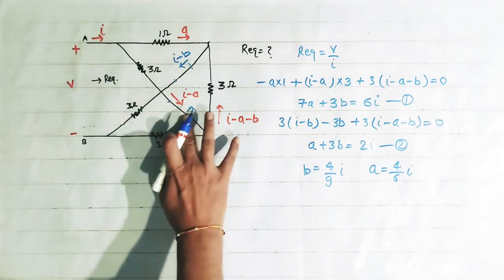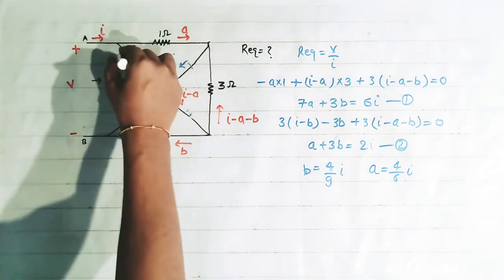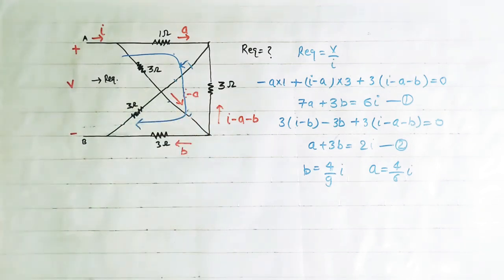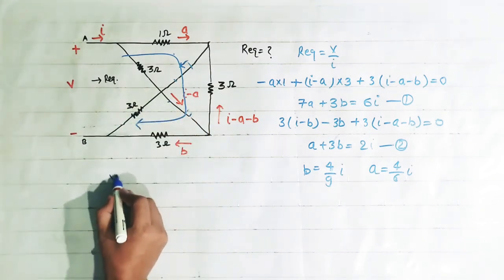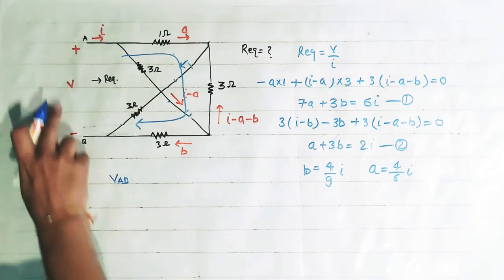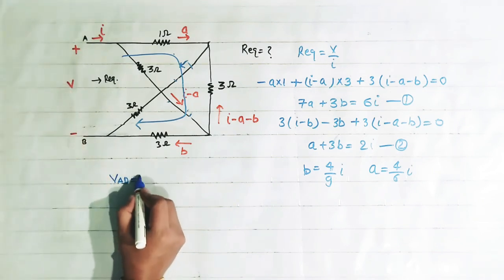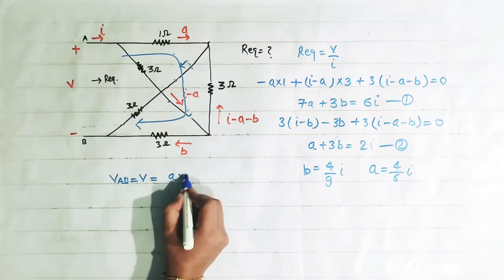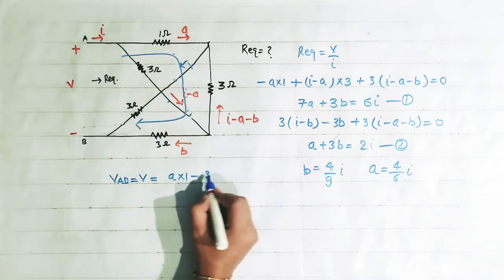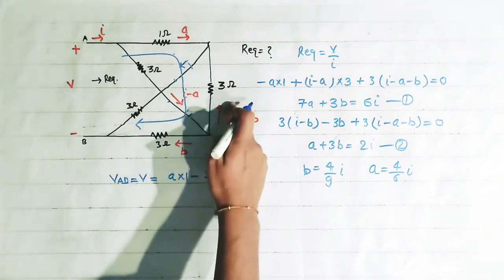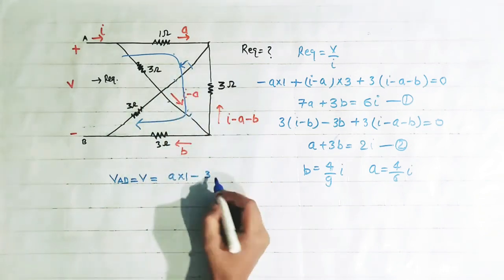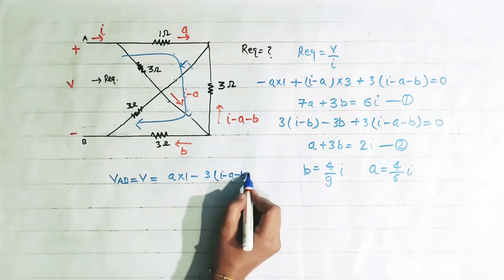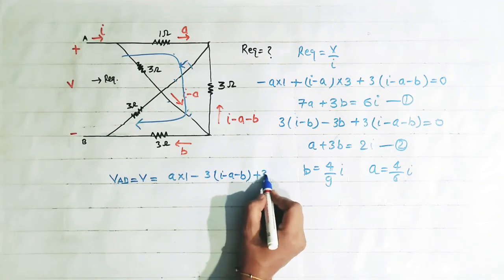Now apply KVL in this loop. So when we apply KVL in this loop, we get VAB, that is voltage V, equals A into 1 minus 3, this is minus 3 because this current is in opposite direction, minus 3 into I minus A minus B plus 3B.